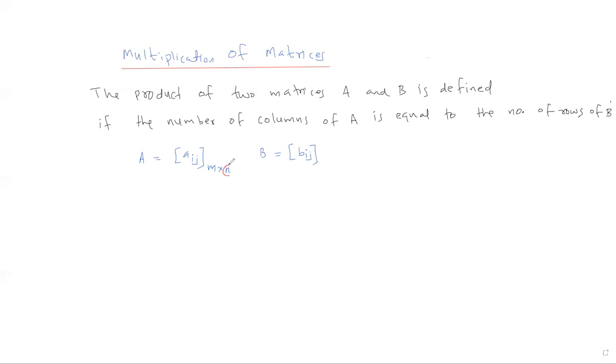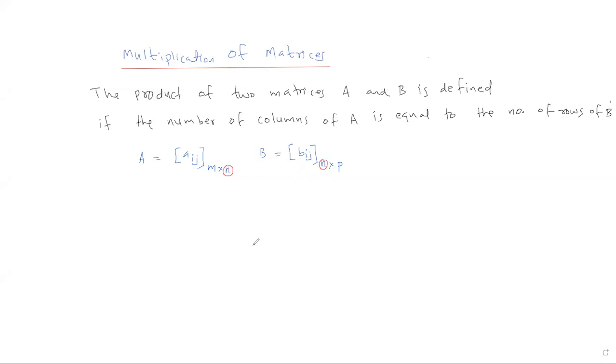Here n is the number of columns of the first matrix, so B should have n rows. It can have any number of columns, it doesn't matter, but the main thing is that these two will be equal.